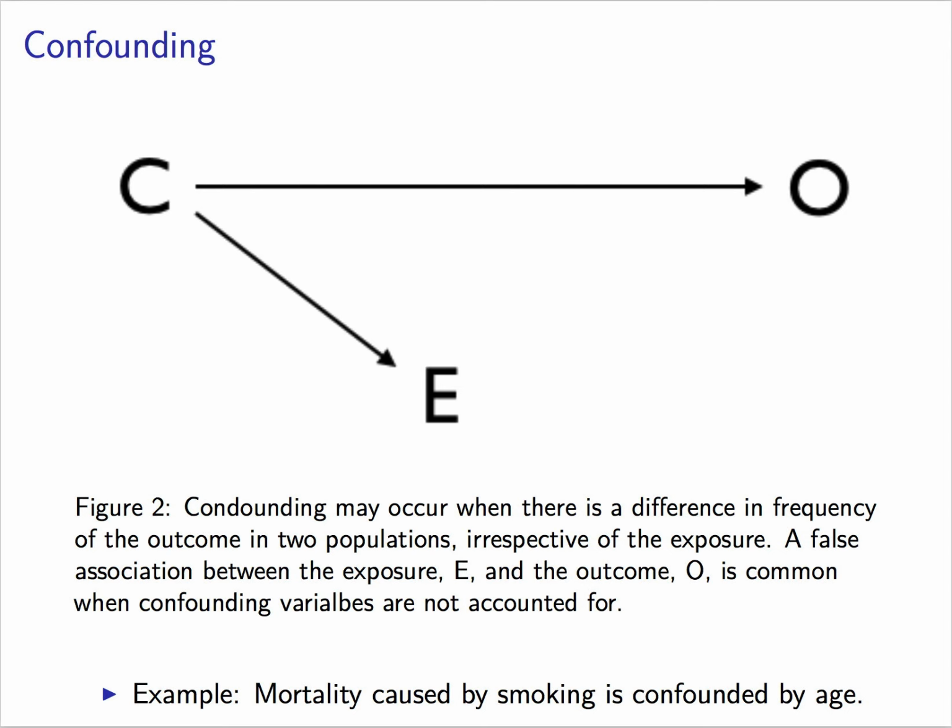This can induce a false association between the exposure and the outcome. So this pathway here is called a backdoor pathway. Even though the exposure does not cause the outcome, it may still appear as if it does, and this is commonly referred to as Simpson's paradox.